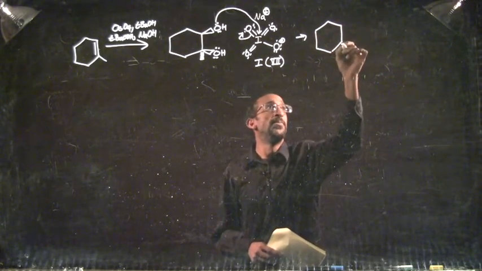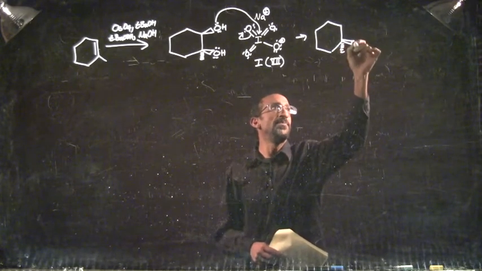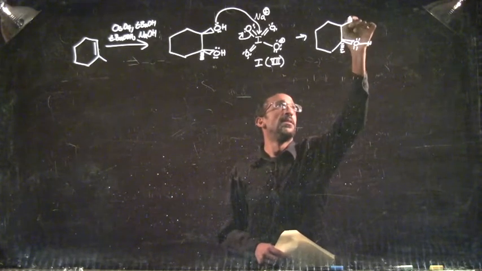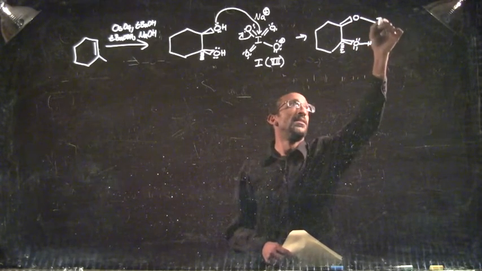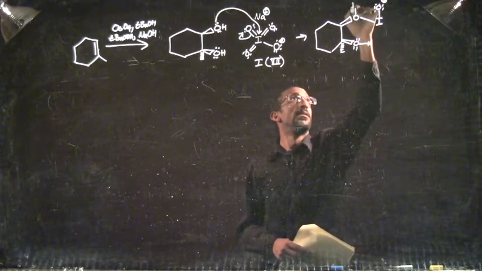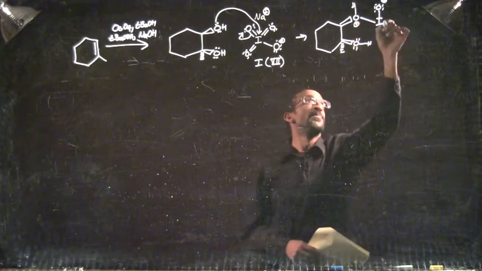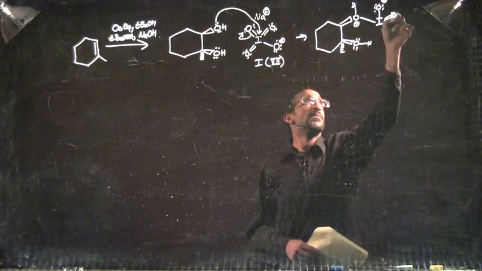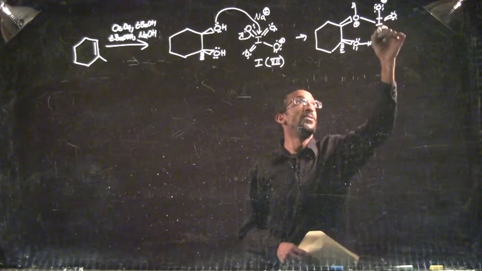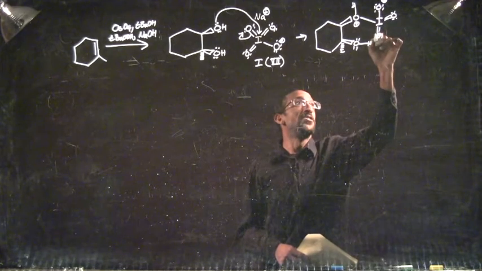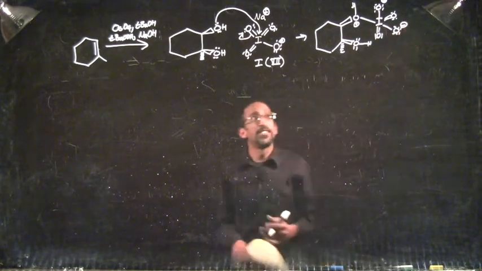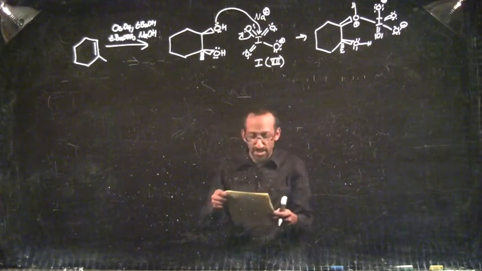So we get to this intermediate. One, two. Need to keep track of all my oxygens here. Okay, we get to this intermediate, which has that oxonium type oxygen there.